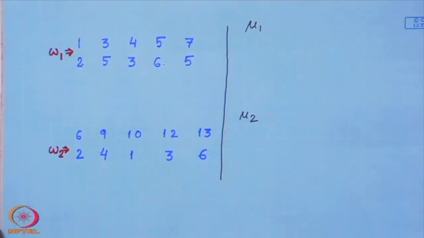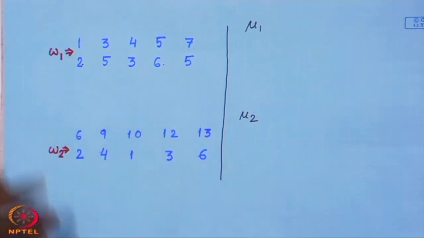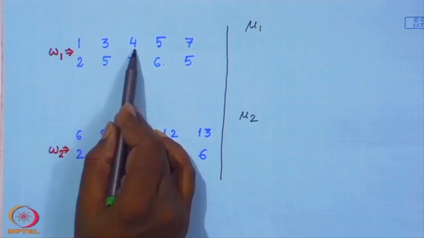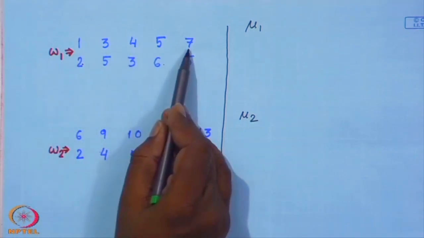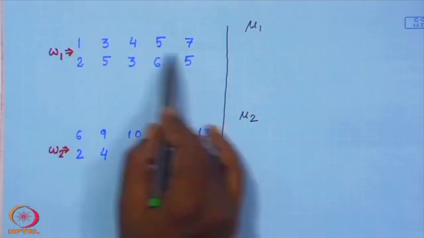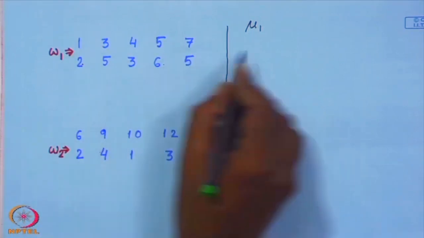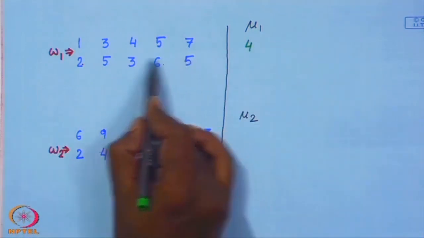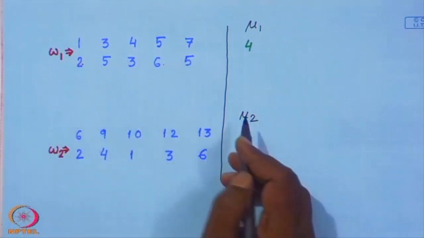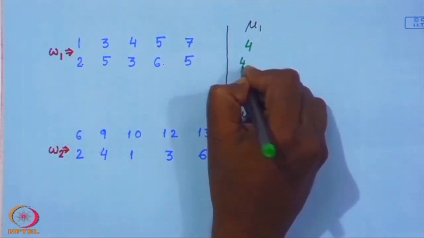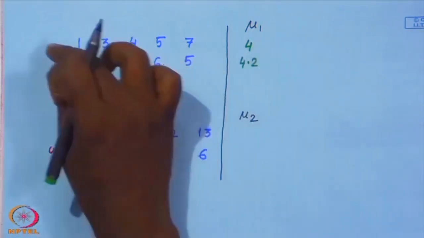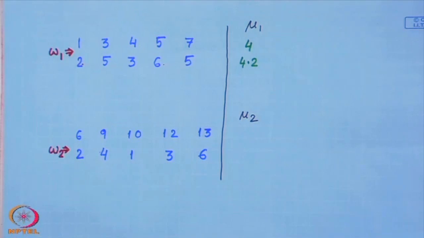If you compute the mean of these feature vectors, mu 1, the first component is 4 plus 4 is 8, plus 5 is 13, plus 7 is 20, divided by 5 as I have 5 feature vectors, so it is 4. Similarly the second component divided by 5 will be 4.2.